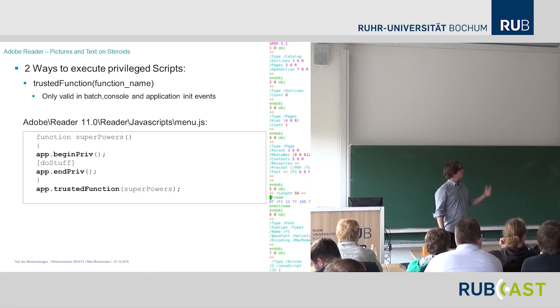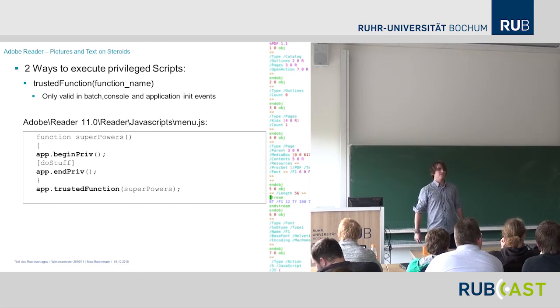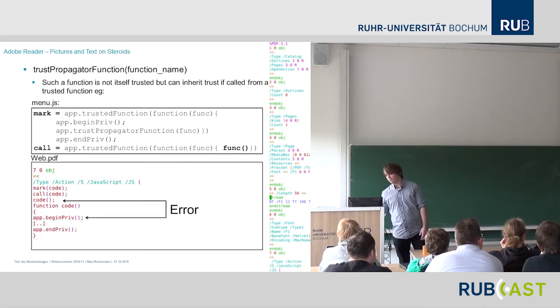This is possible via a trusted function. You just pass the function name in it, and then it's a trusted function. And if it's called, it can use app.beginPriv, which starts the privileged context, and endPriv, which then drops the additional rights. But there is a second way.